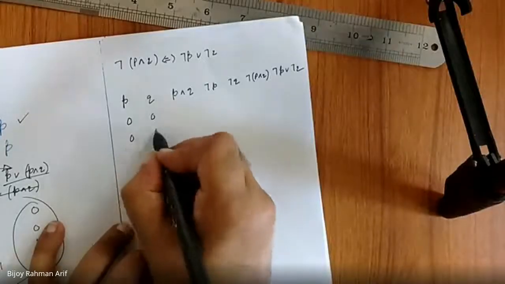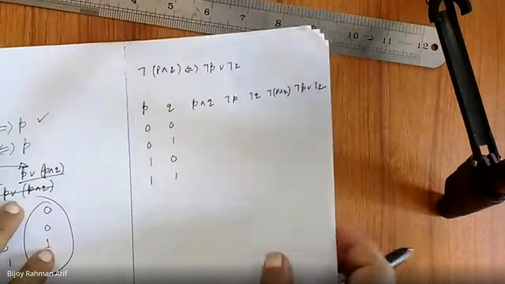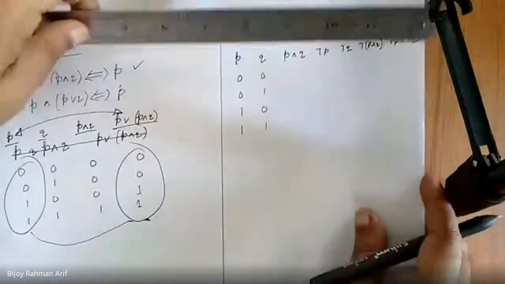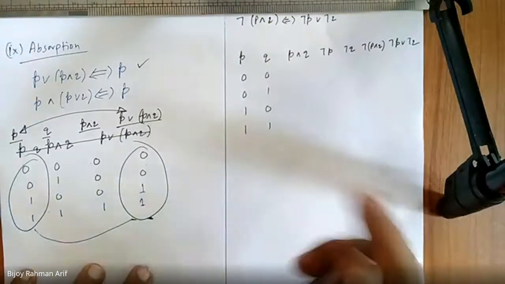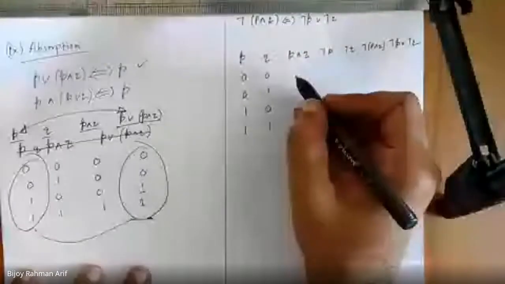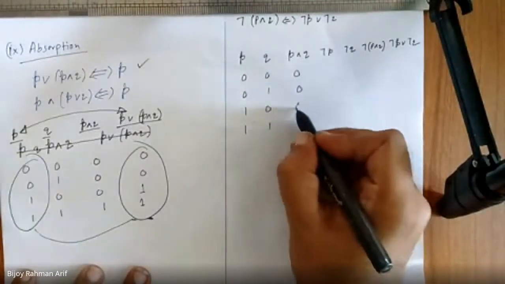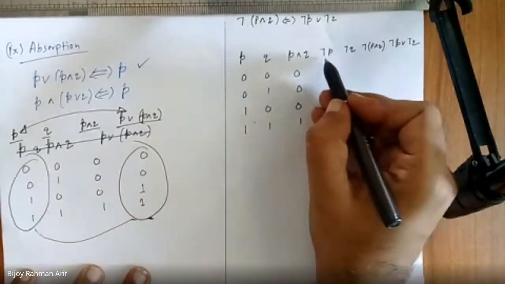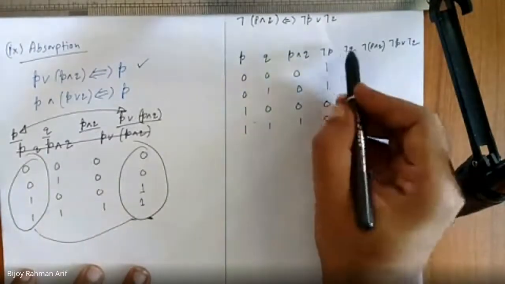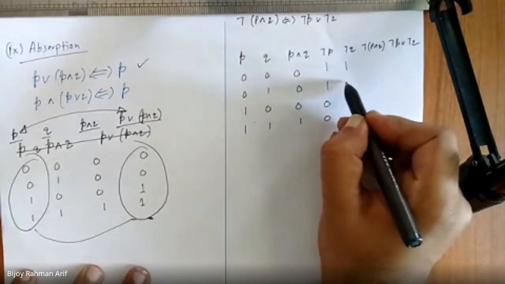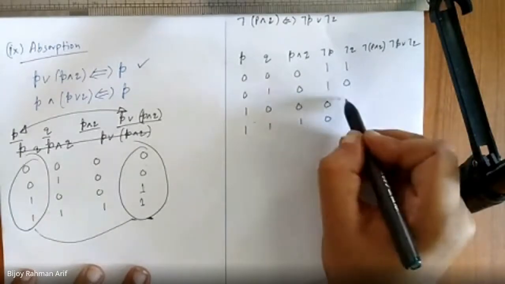0, 0, 0, 1, 1, 0, 1, 1. Okay, guys. So what is this? 0, 0, 0, 0, 1, 0, 1, 0, 0, 1, 1, 1. What is this? 1, 1, 0, 0. What is this? 1, 0, 1, 0, 1, 0.